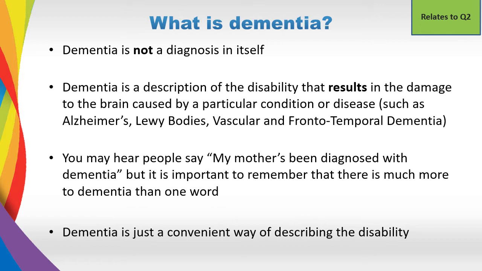It doesn't mean that you won't hear the word dementia being used to describe people, but it isn't a diagnosis in itself. So you might hear somebody say, my mother's been diagnosed with dementia. But it's important to remember that there is much more to dementia than just that word, but it is a very convenient way of describing the disability.